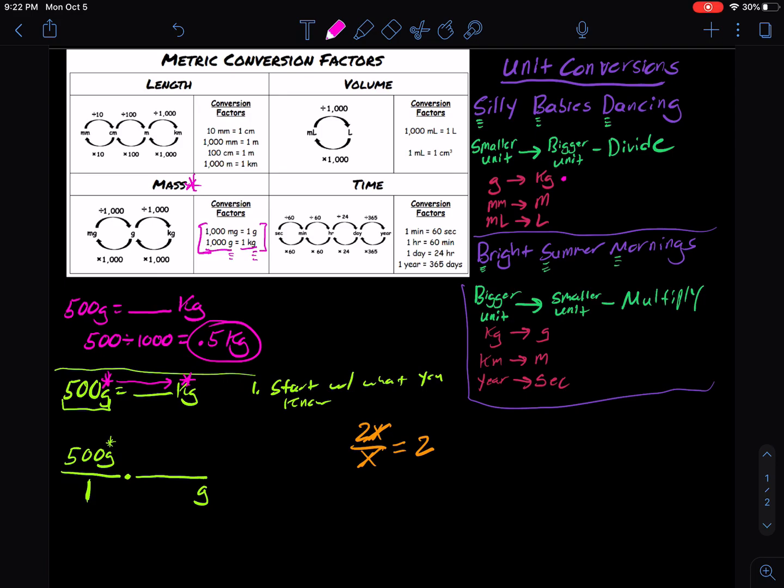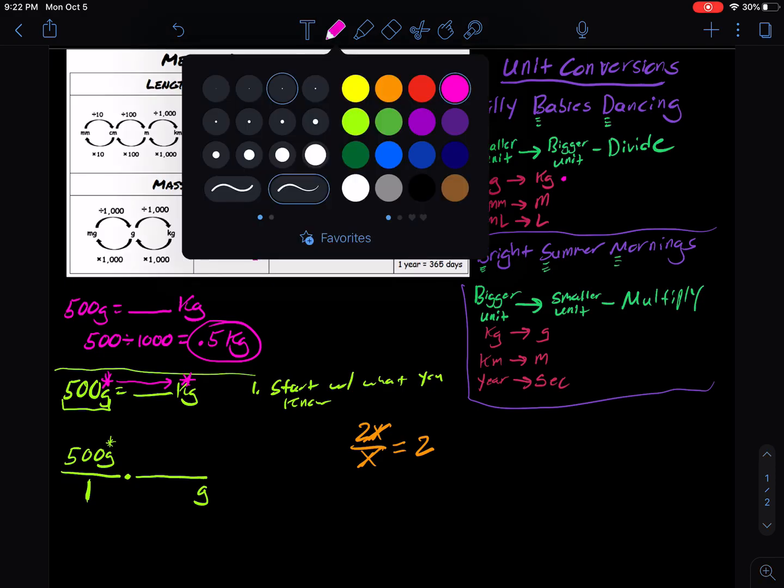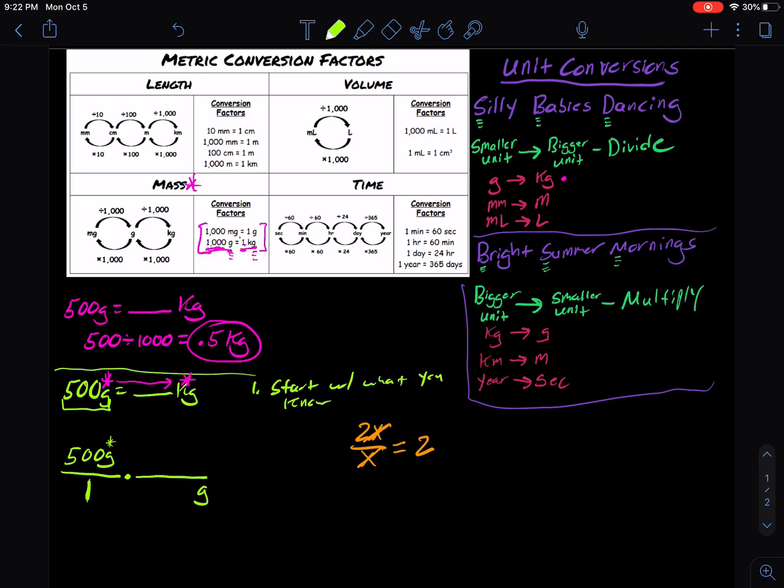Now you see different numbers with the units. Here you see 1,000 grams, so 1,000 grams equals 1 kilogram. Those numbers cannot change. The 1,000 must go with the grams, and the 1 must go with the kilograms. So what you would do is match the conversion factors up with what you have in your unit conversion problem.